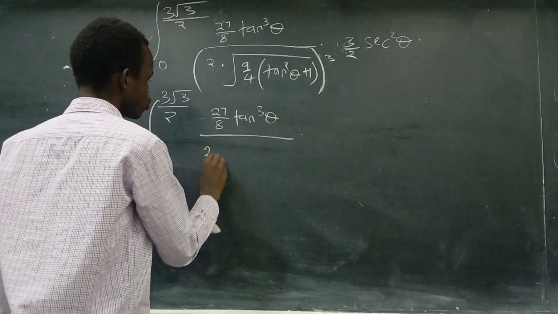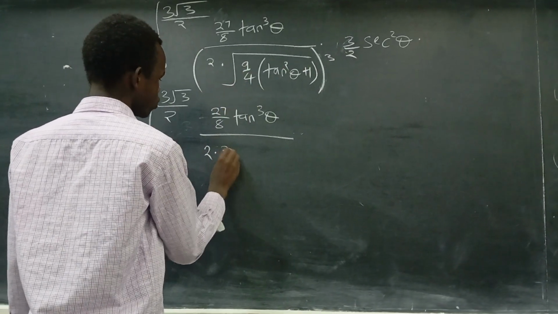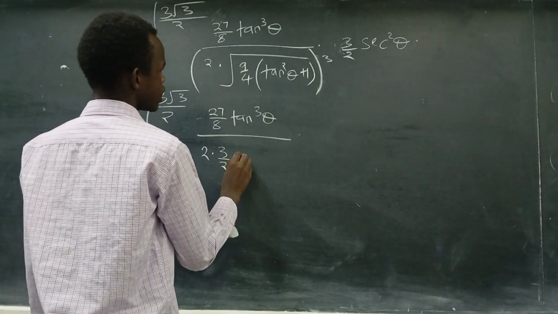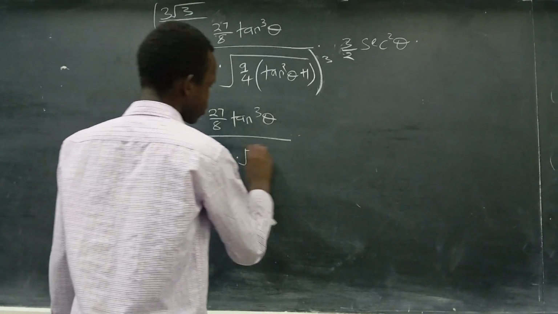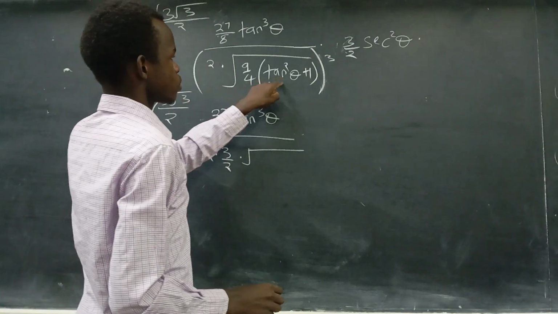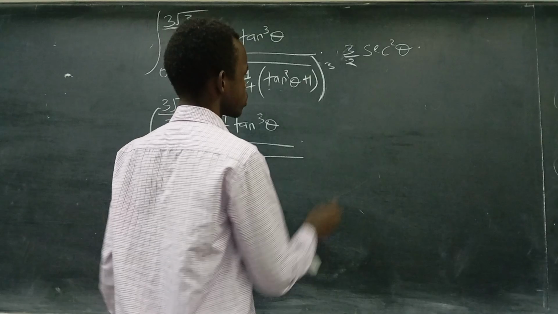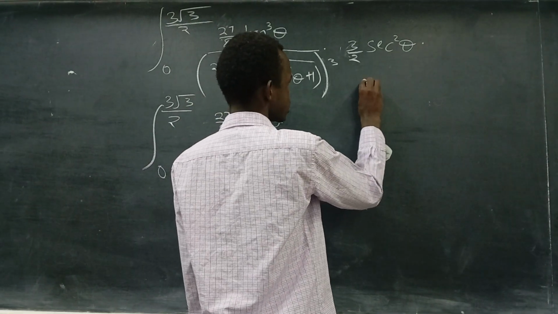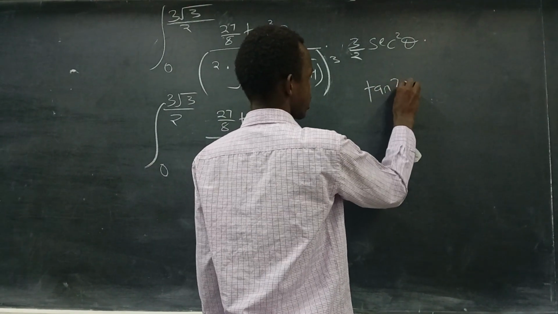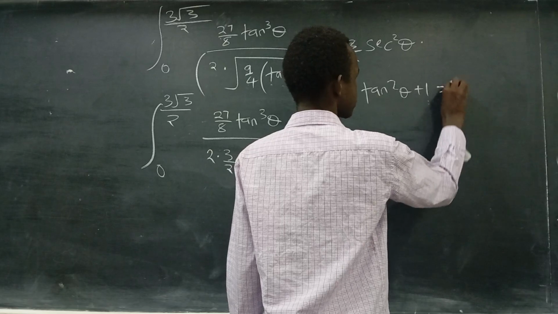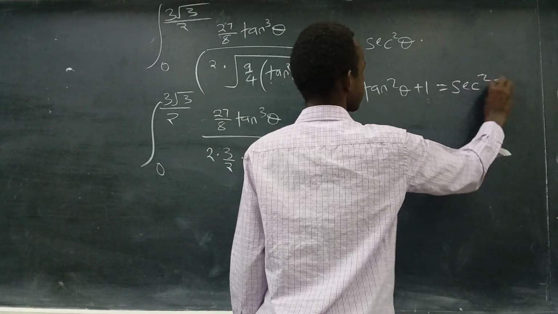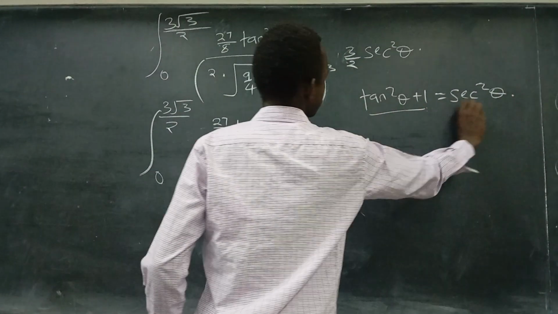So I'll get 2 multiplied by 3 over 2. Again, multiplied by the square root of tan squared theta plus 1. So remember my particular identity that says tan squared of theta plus 1 is the same as secant squared of theta, right?